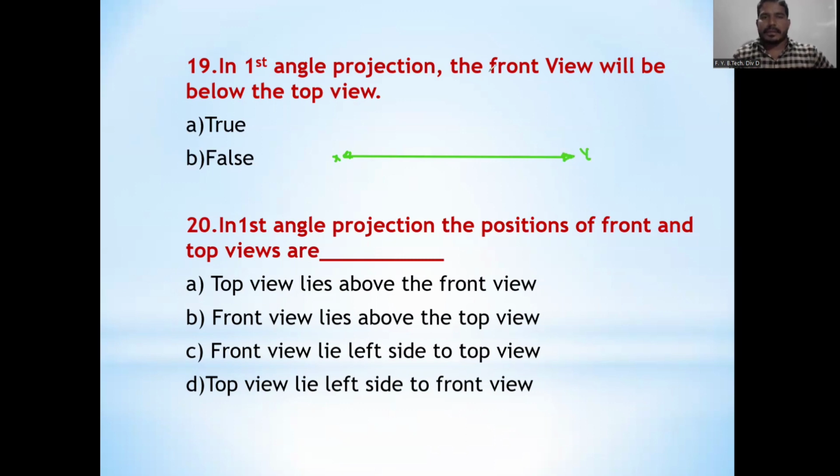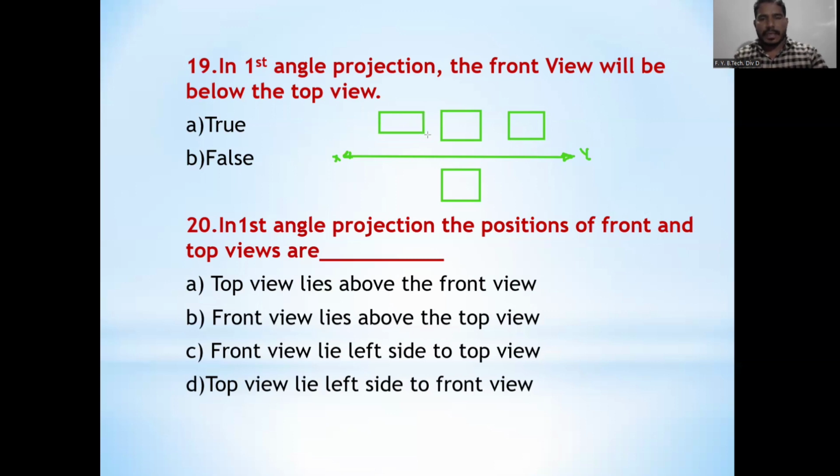In case of first angle method of projection, the front view will always come above the XY. The top view comes below the XY. The left hand side view will come on the right hand side of the object, and the right hand side view will come on the left side of the front view.